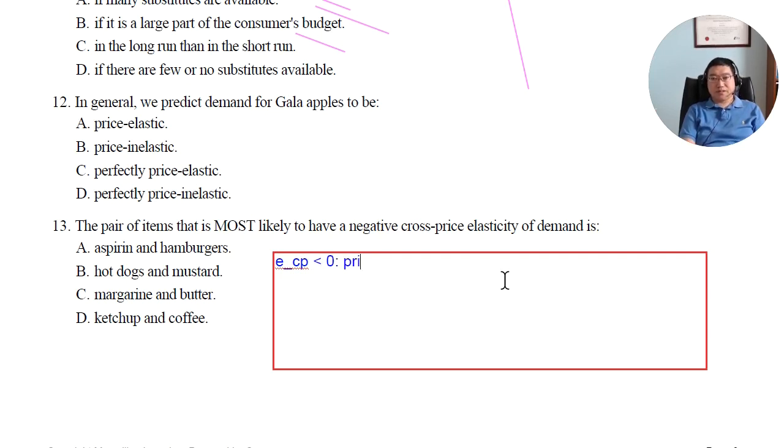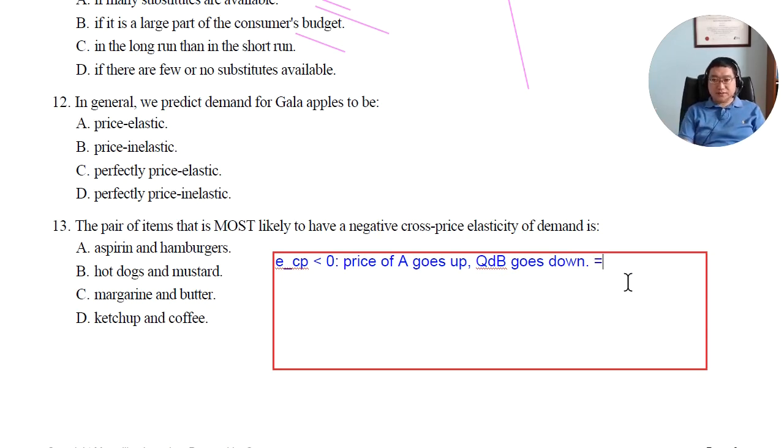The price of A goes up, then the quantity demanded for B goes down. That is what it says.